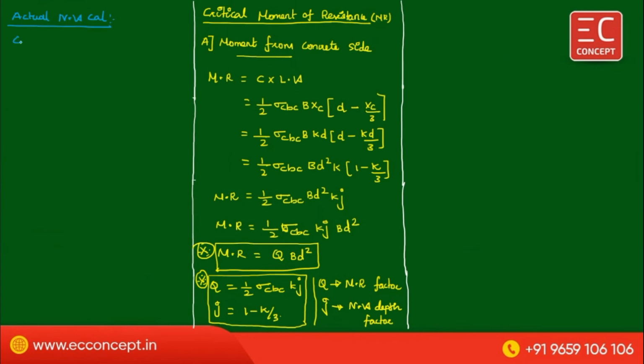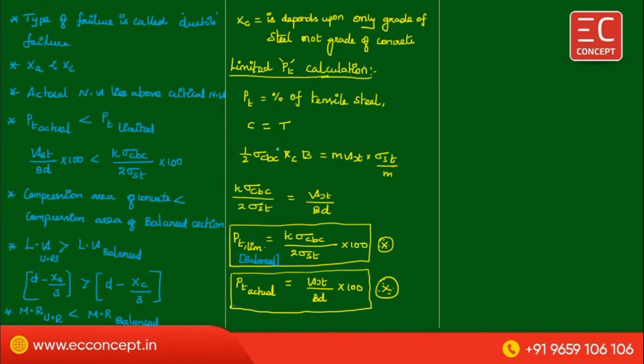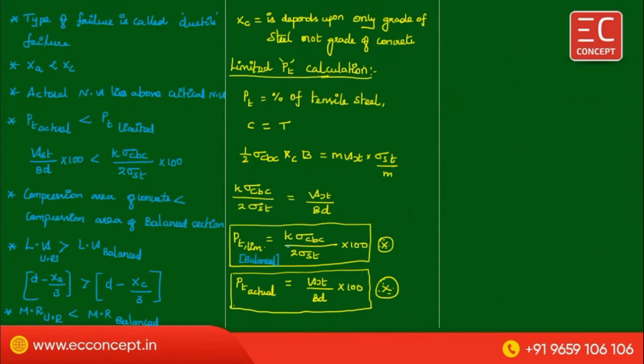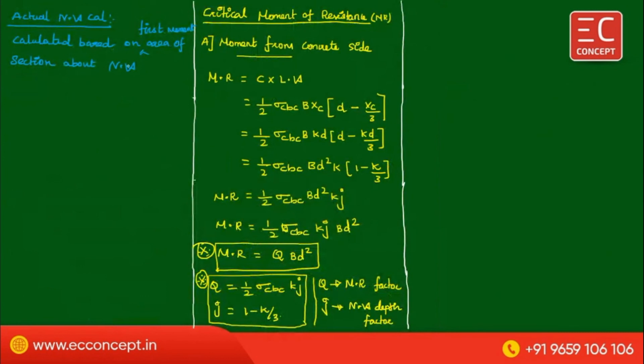This is calculated based on the first moment of area of section about neutral axis. Based on the moment area technique, we are going to calculate actual neutral axis. But the critical neutral axis will be found based on the stress block. Based on the limited stress block, we calculate the critical neutral axis. Actual neutral axis is calculated based on the first moment of area.